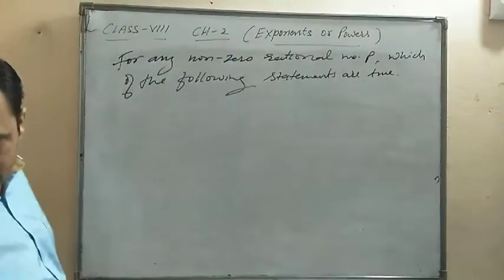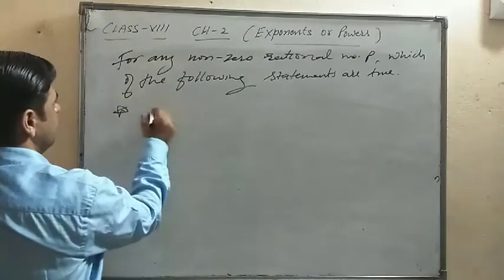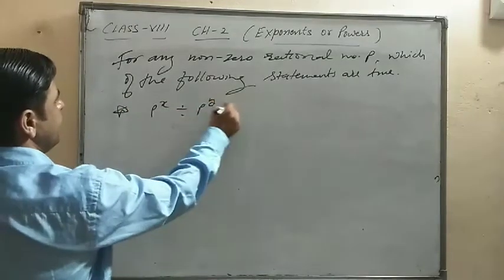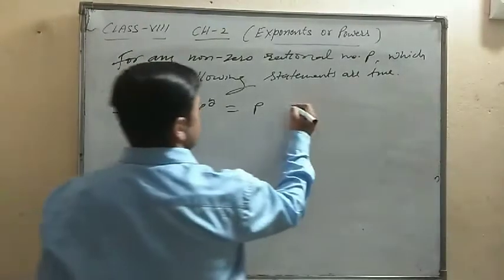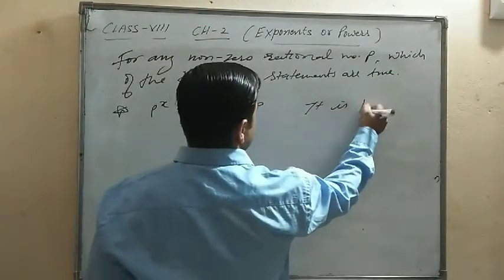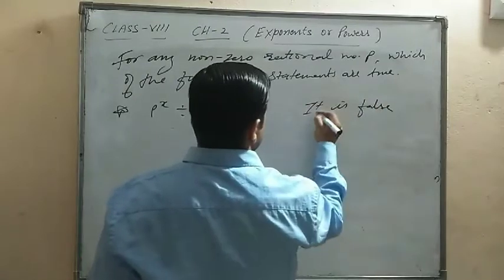The first one is p raised to power x divided by p raised to power y is equal to p. So it is a false statement.